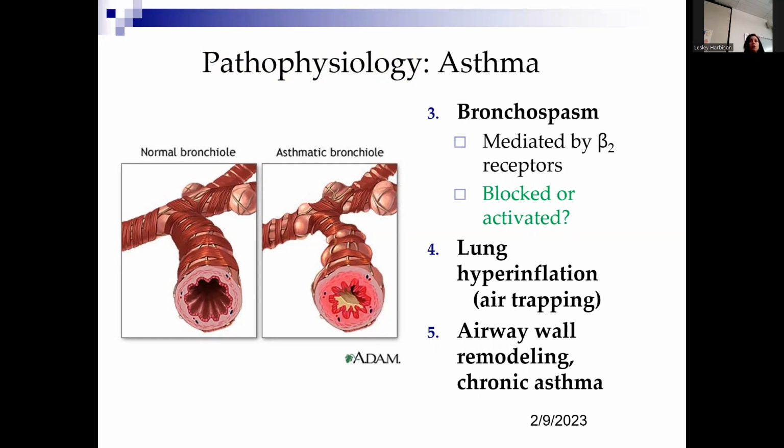All the alveoli puff up and are filled with oxygen, but then they can't do anything else. They can't take in fresh oxygen, and they can't release what's in there. So it does this air trapping, like overfilled balloons that just can't do anything with that. And then at the end we have airway remodeling in chronic asthma.